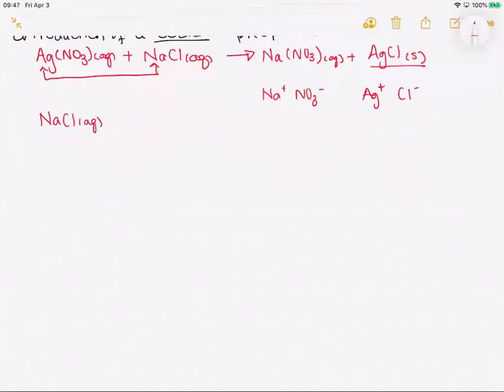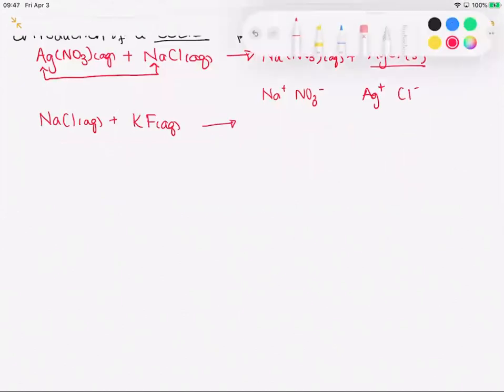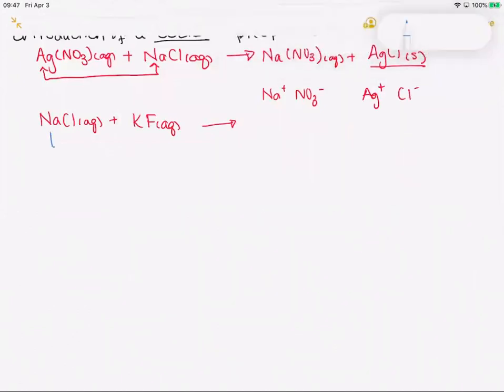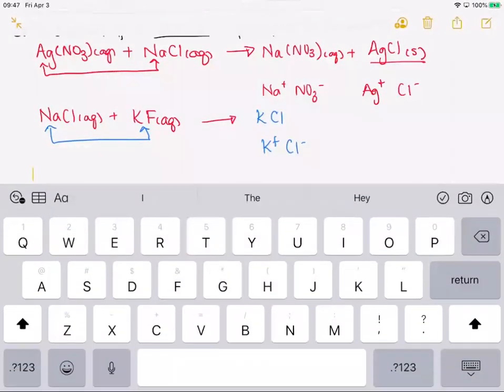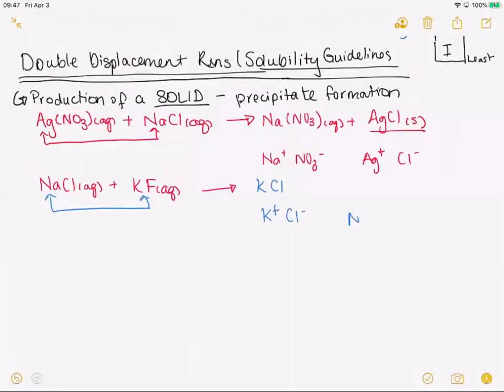Sodium chloride plus potassium fluoride. And so again, we're going to switch the cations. So now I'm going to have potassium chloride, 1-to-1, and I'm going to have sodium fluoride, again a 1-to-1.